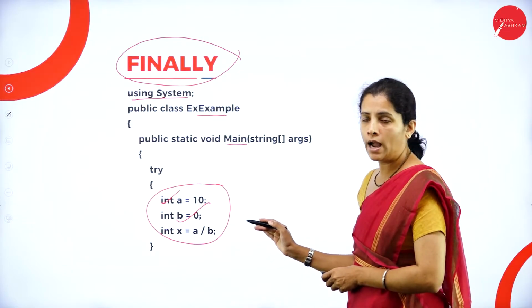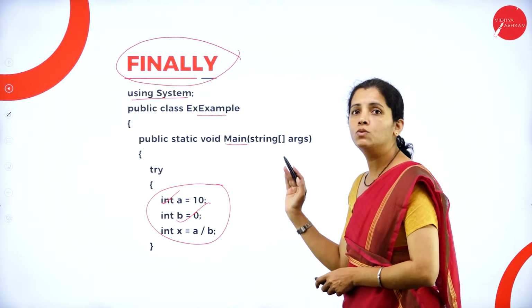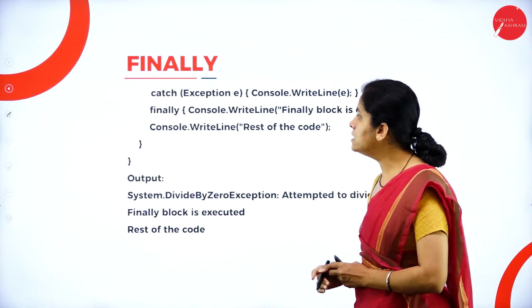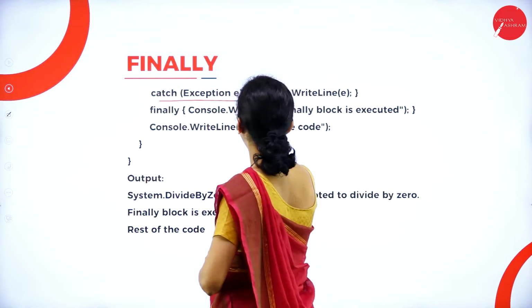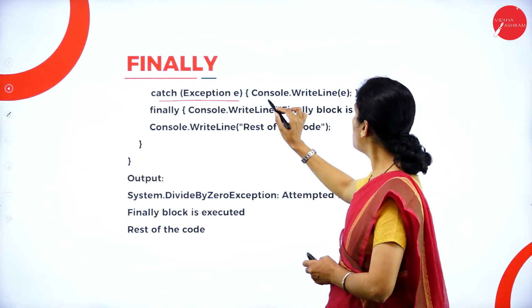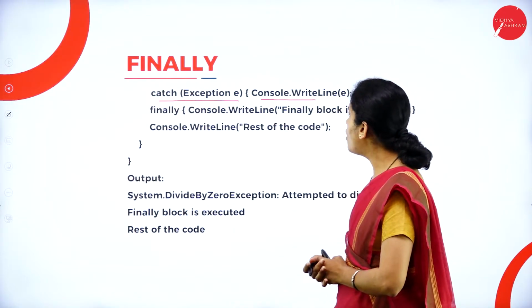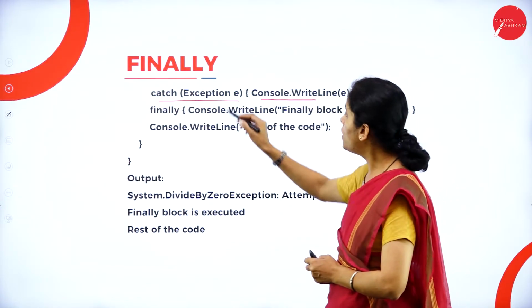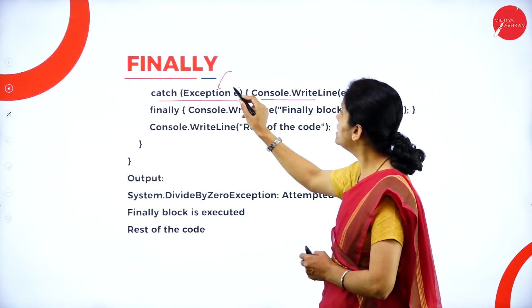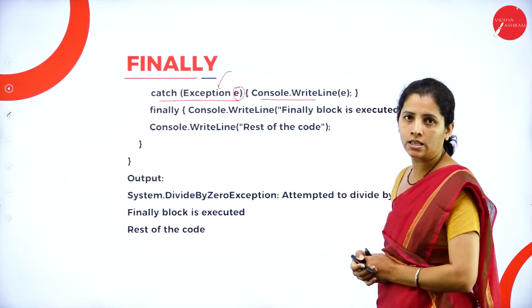Now what's going to happen? This code is going to generate some exception, and this is handled by the catch block. Okay, fine. See here in my catch block, Console.WriteLine. So what is my exception class here? That is Exception, and here e is nothing but the object.